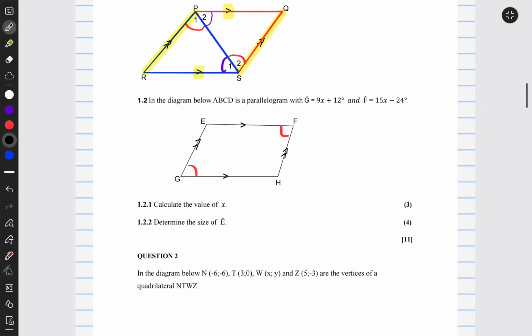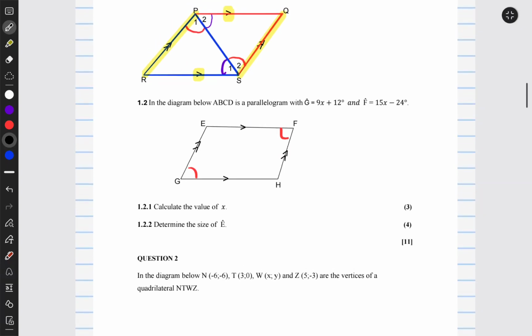Okay, and then from there we also need to determine the size of E. In order to determine the size of E, we have to use co-interior angles. We know that co-interior angles are supplementary, or they add up to 180 degrees, because the opposite sides of a parallelogram are parallel, which makes angle E and angle G co-interior, or we can use angle E and angle F, whichever one will still give the same answer.